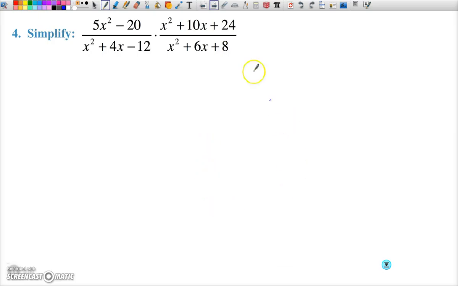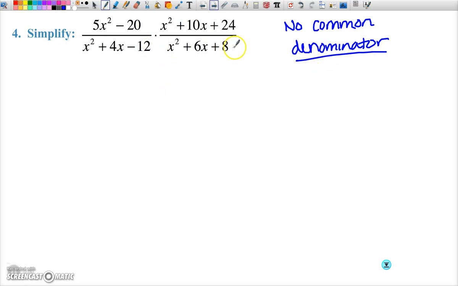All right, now number 4, multiplication, so no common denominator, meaning you don't need it because it's just multiplying. So we're going to factor each expression individually, and then we'll start canceling things out. So I'll start with taking the 5 out of the 5x squared minus 20, leaving us with x squared minus 4.